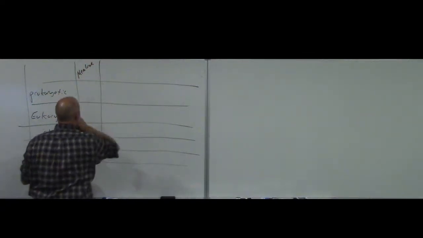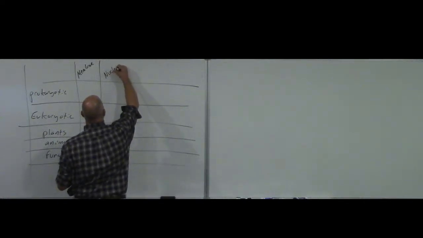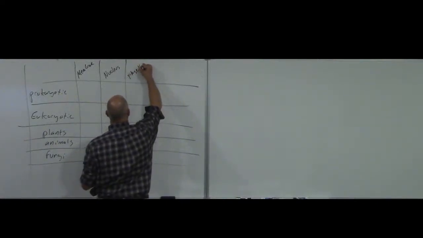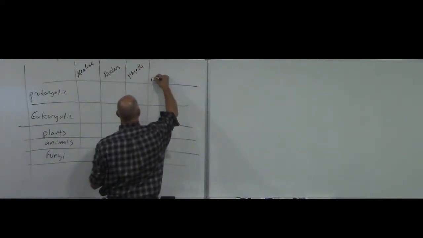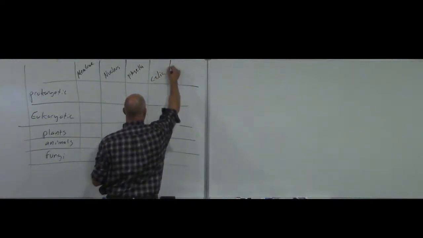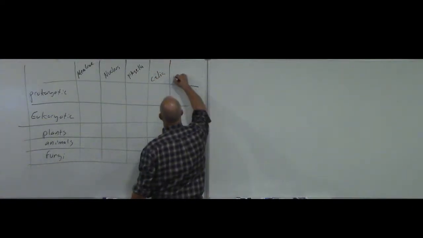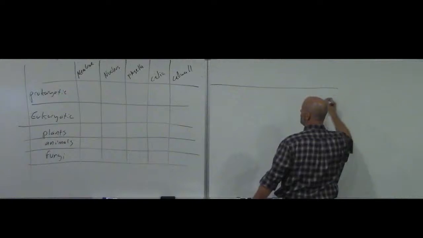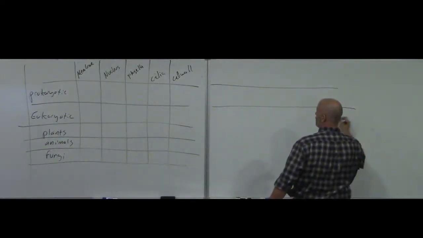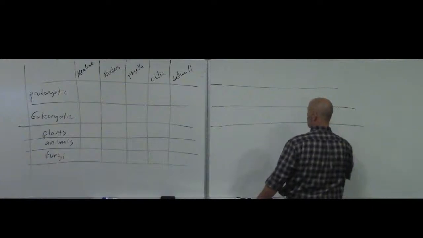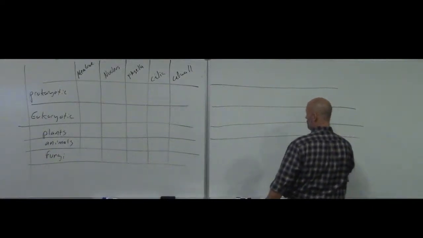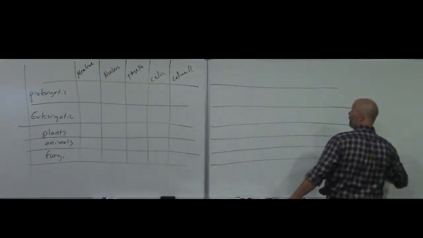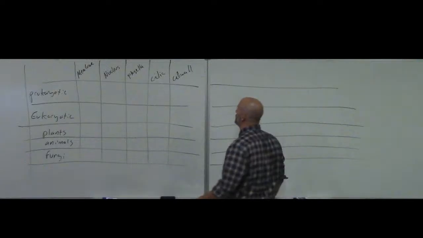Next thing I want to know is, does it have a nucleus? Next, does it have a flagella? And cilia. And let's go cell wall. Let's keep going across. Filling this out. You should be able to do this without me. That's the goal. Membrane, nucleus, flagella, cilia, cell wall.